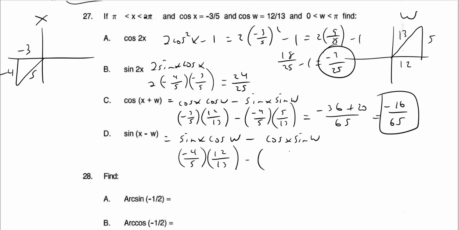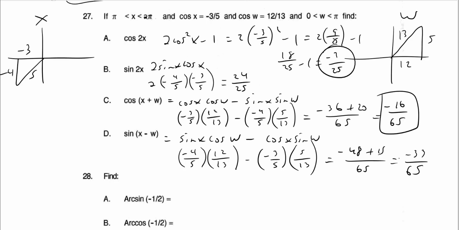Cosine of x is negative 3/5. And sine of w is 5 over 13. Okay, same denominator, which is good. So we get negative 48 plus 15 over 65. So that gives us negative 33 over 65. Okay.